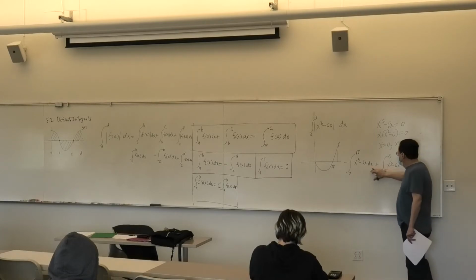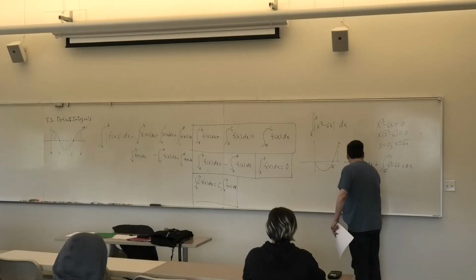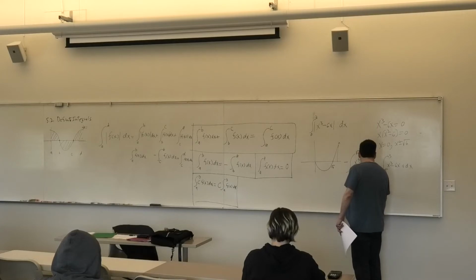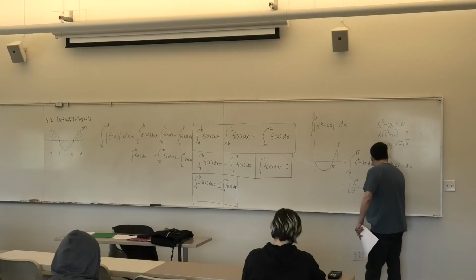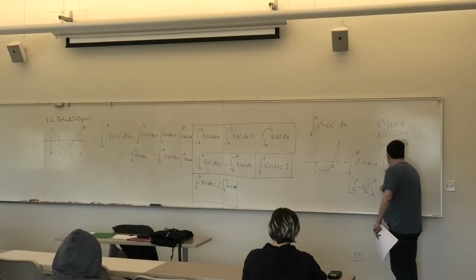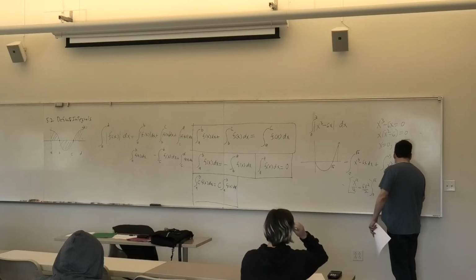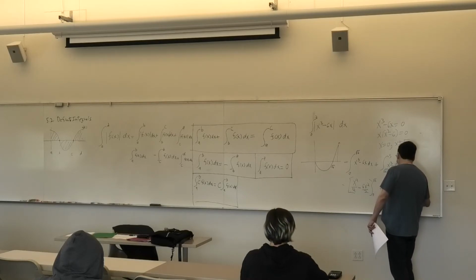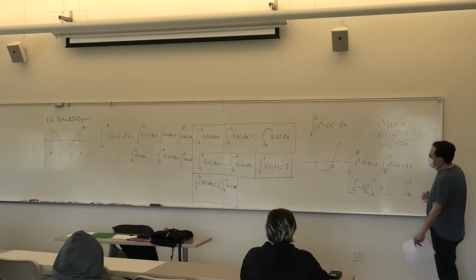Well, the nice part is we only have to find the antiderivative once, right? x to the 4th over 4 minus 6x squared over 2. And we evaluate it from 0 to the square root of 6 plus, same thing, square root of 6 to 3. And I ran out of board.